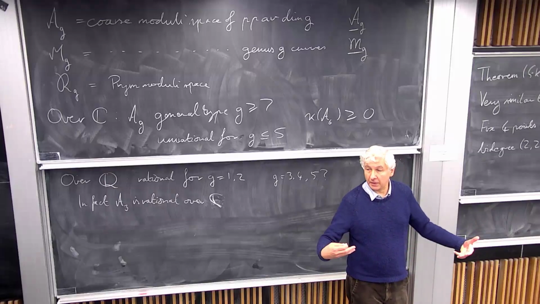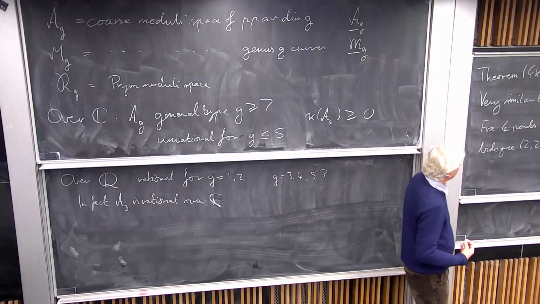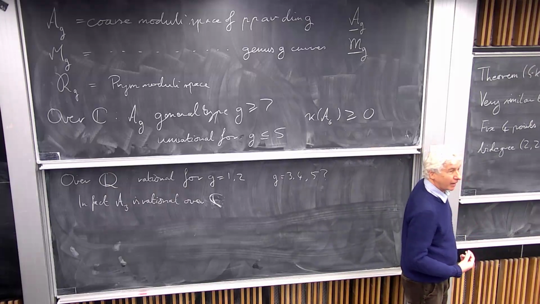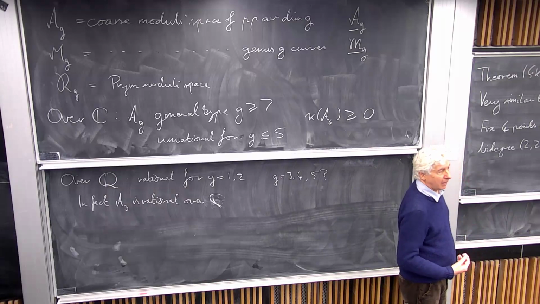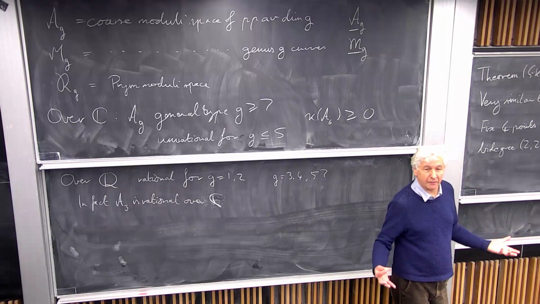So the discriminant locus gives you, as we saw in the last talk, a double cover of a curve of genus 5. And then you have to check that you get almost every Prym that way.